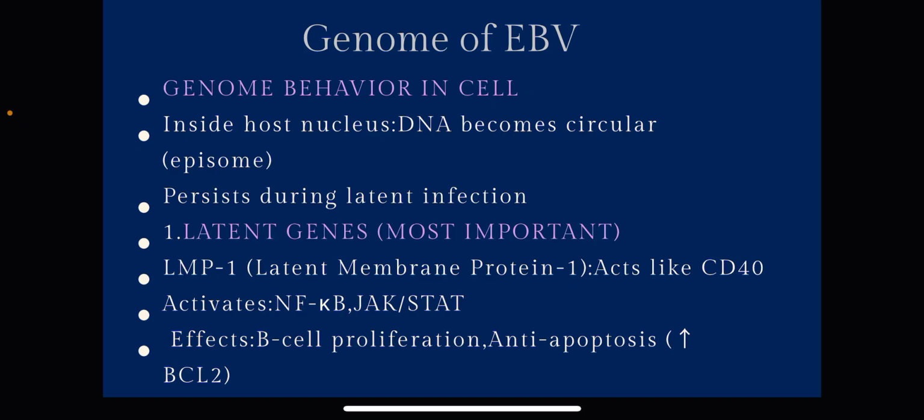This is a signal transduction pathway used by growth factors and cytokines. It connects the cell surface receptor and the nucleus. The effects of latent genes are B cell proliferation and anti-apoptosis via increased BCL2.